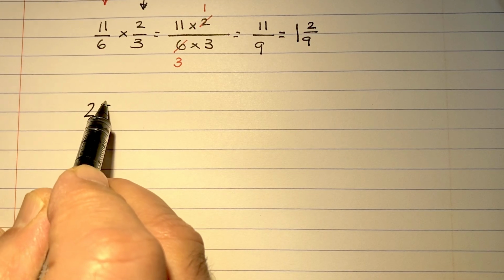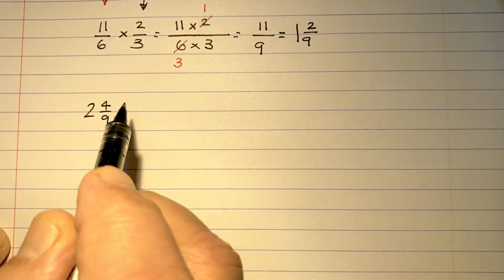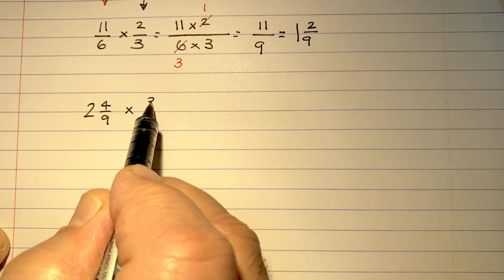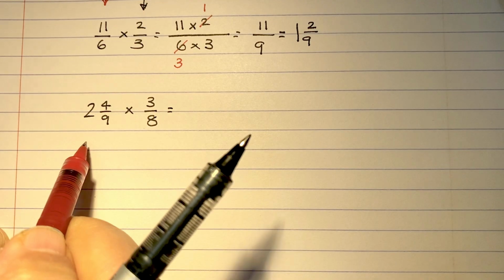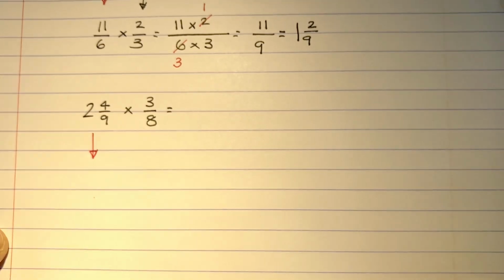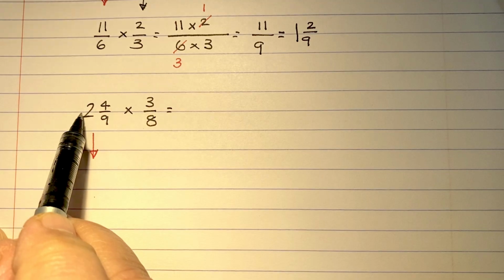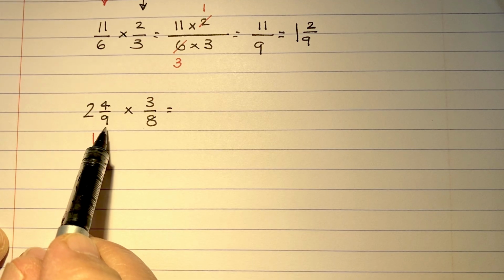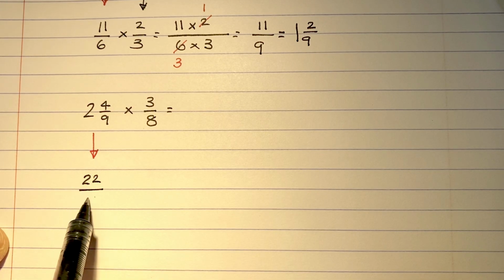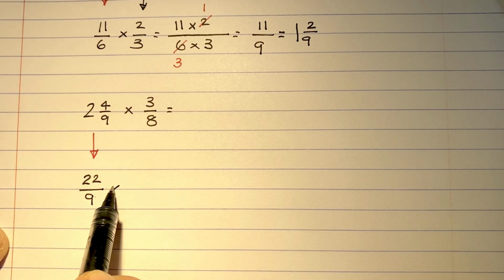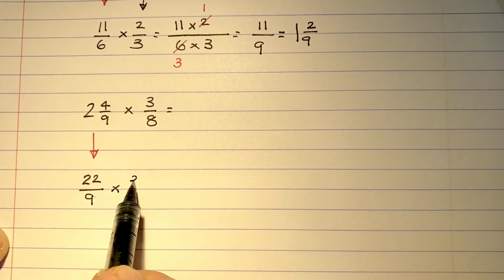2 and 4 ninths times 3 eighths. One of them is a mixed number, so that has to change to 2 times 9, 18, add 4, 22 over 9, times 3 eighths.